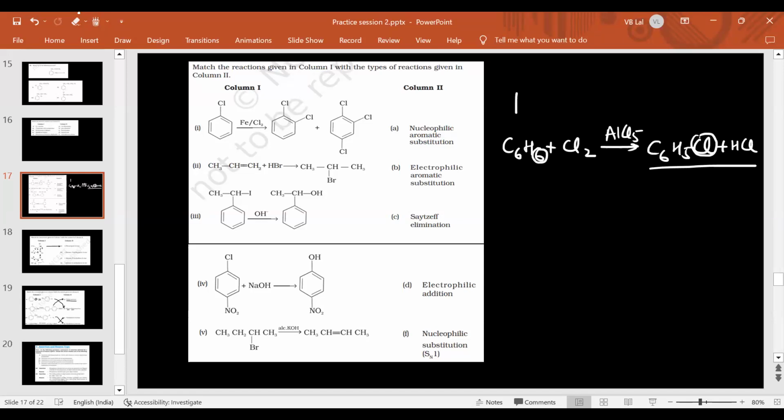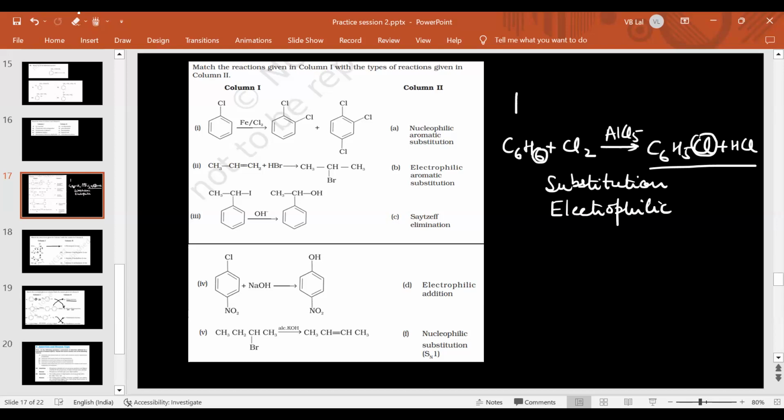Benzene is a very special case. Although there is a double bond, still addition does not take place. It is substitution. And the type of substitution shown at the benzene ring is always electrophilic substitution.